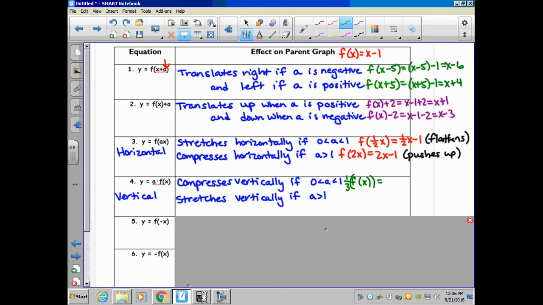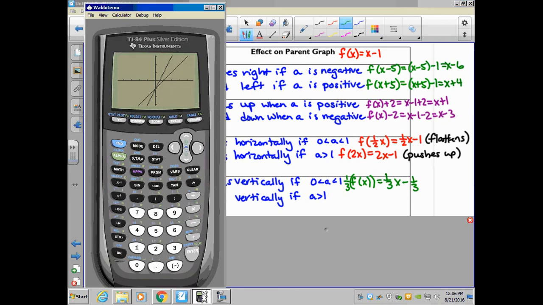So 1/3 times f of x would be 1/3 x minus 1/3. If I distribute 1/3 into the x and the -1, that's what I get. Here's your original function.